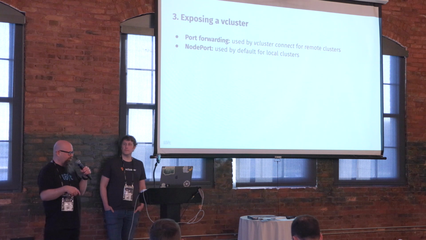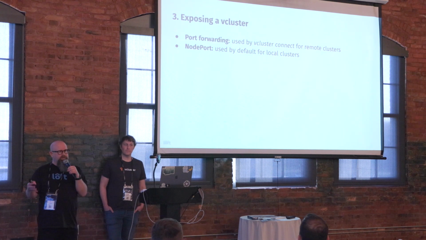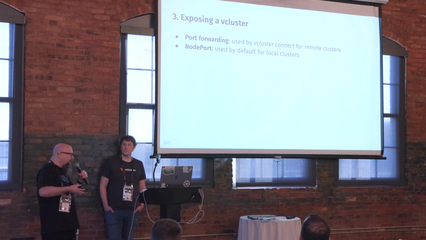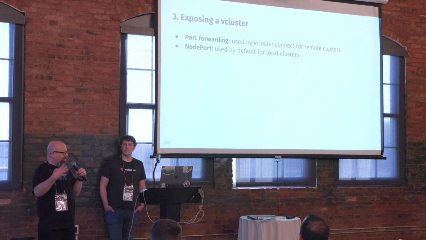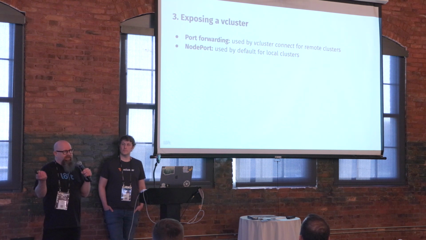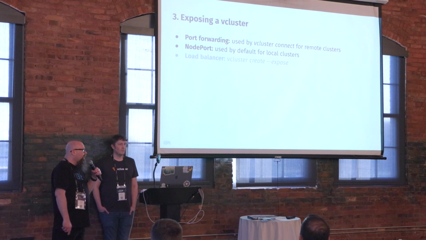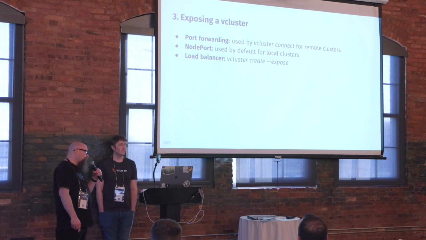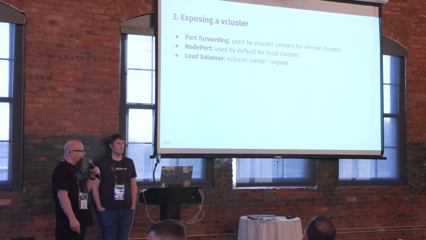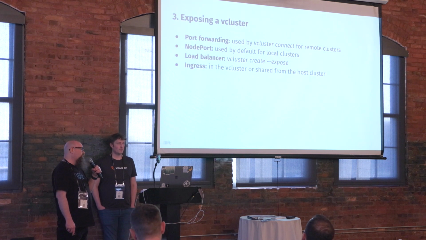This got added just a few months ago, but if vCluster detects that you're running Minikube or Docker Desktop or something like that, it'll just set it up as a node port, so you don't even have to port forward to get to it. You can use a load balancer, and there's an expose flag for that. Or you can use an ingress like Carl did in his demo.